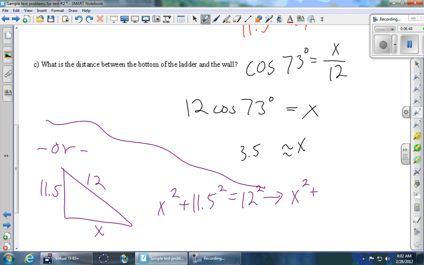X squared plus, let's see, 11.5 squared, I think that's 132.25. We'll check that. 12 squared is 144. And then we need to subtract 132 from both sides. So what do we get there? Is that 11.75? I think that's okay. And then we take the square root of 11.75.